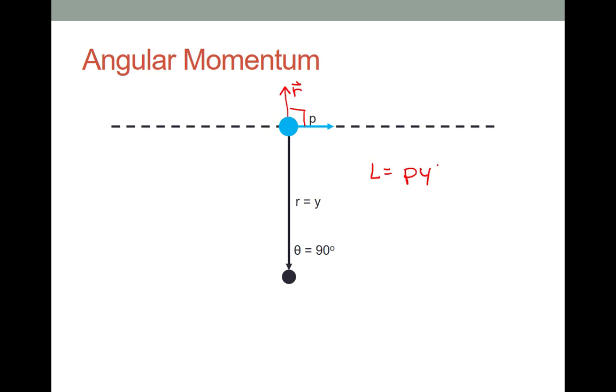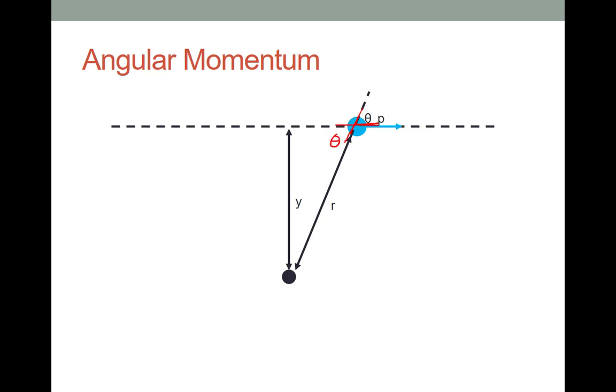Lastly, if we move past the observation point, again, theta is outside of my triangle. However, if we compare this angle to that angle, those have to be equal. So I again have L equals r p sine theta, but sine theta is going to equal the side opposite, which is y, over r.